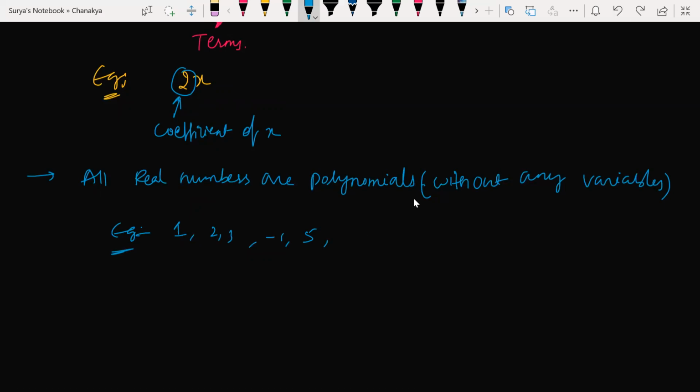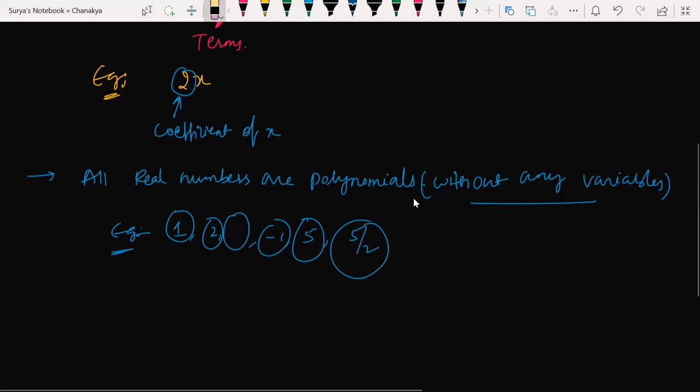Variables are non-real numbers. All real numbers are polynomials without any variables. We will not be using any variable here. Check. Do you have any variable here? We don't have any variable. Variables are non-real numbers only.